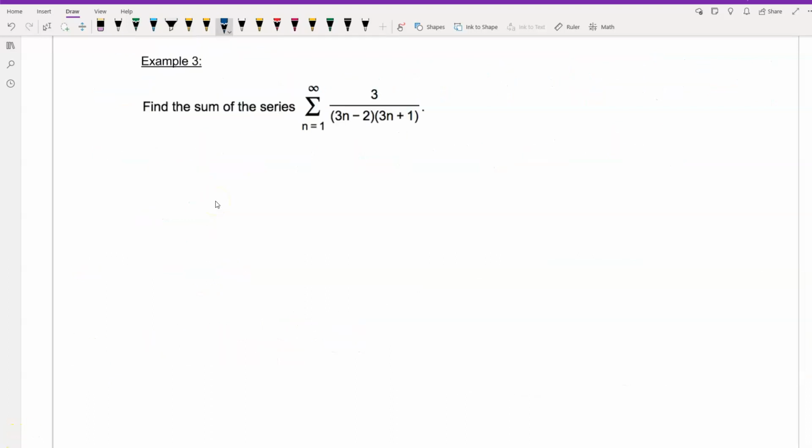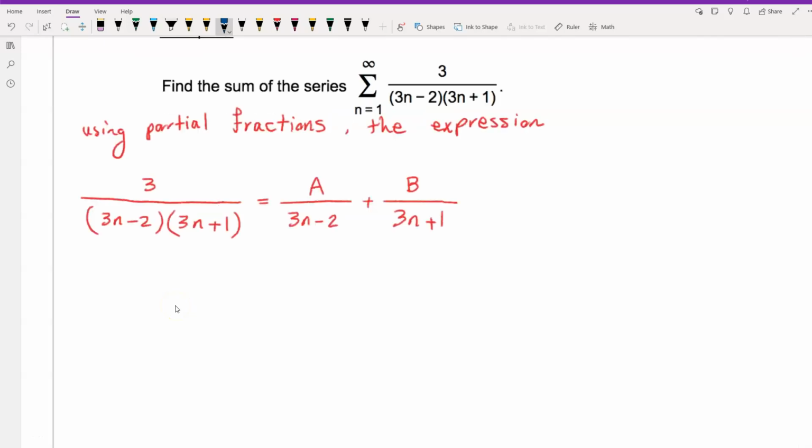Find the sum of the series, sum of 3 over 3n minus 2 times 3n plus 1, from 1 to infinity. Using partial fractions, 3 over 3n minus 2 times 3n plus 1 is equal to a divided by 3n minus 2 plus b over 3n plus 1.